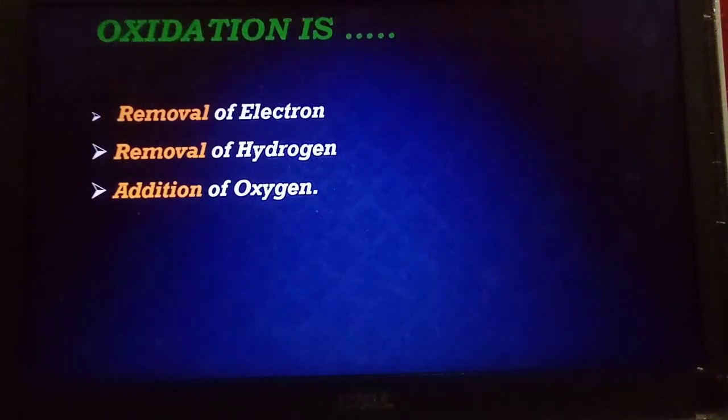What is oxidation? Oxidation is the removal of electrons. When any atom or molecule removes an electron or hydrogen, that process is called oxidation. Addition of oxygen to any molecule is also called oxidation, as is removal of hydrogen or electron.